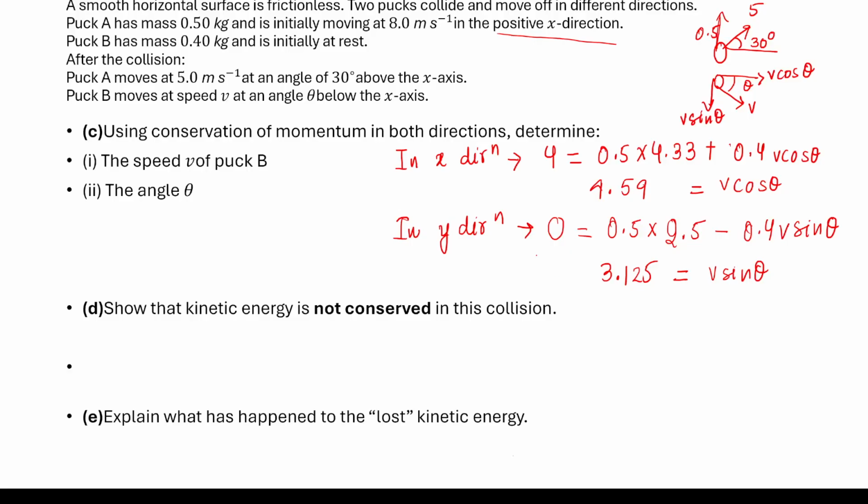Okay, just to get rid of my rounding error, this is what I'm doing now. It's asking you theta and speed, so I'm just dividing both of them. If I divide this and this, I'll get tan theta. So my tan theta is 3.125 divided by 4.59.